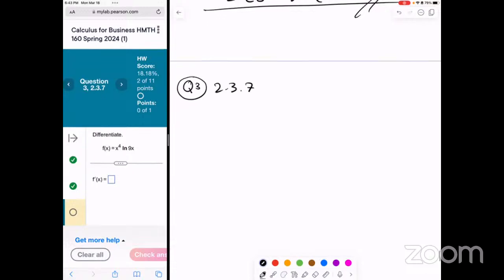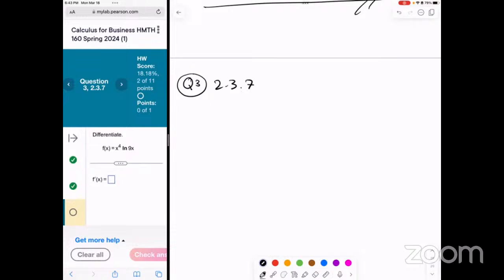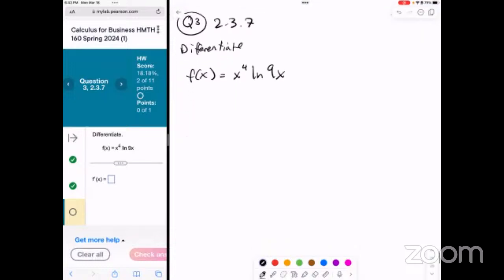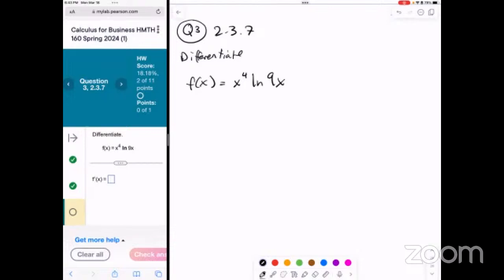Again, we're asked to differentiate. We got f of x equals x to the 4 times the natural log of 9x. So we're just taking a derivative. It looks like we got to use the product rule, which is the first times the derivative of the second plus the second times the derivative of the first.